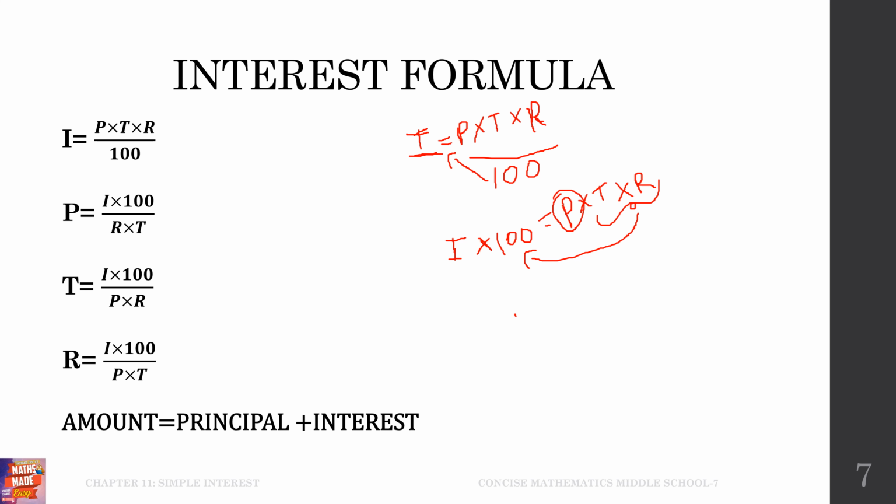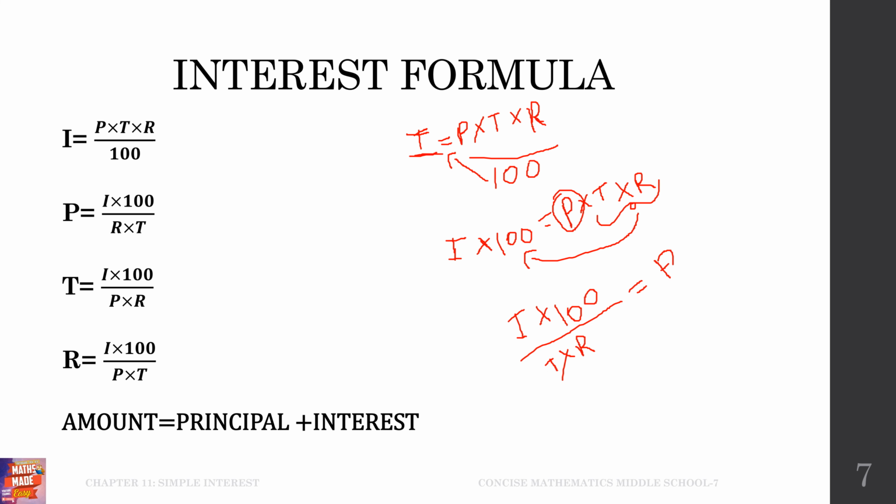Multiplication becomes division. So interest into 100 divided by T into R is equal to P.